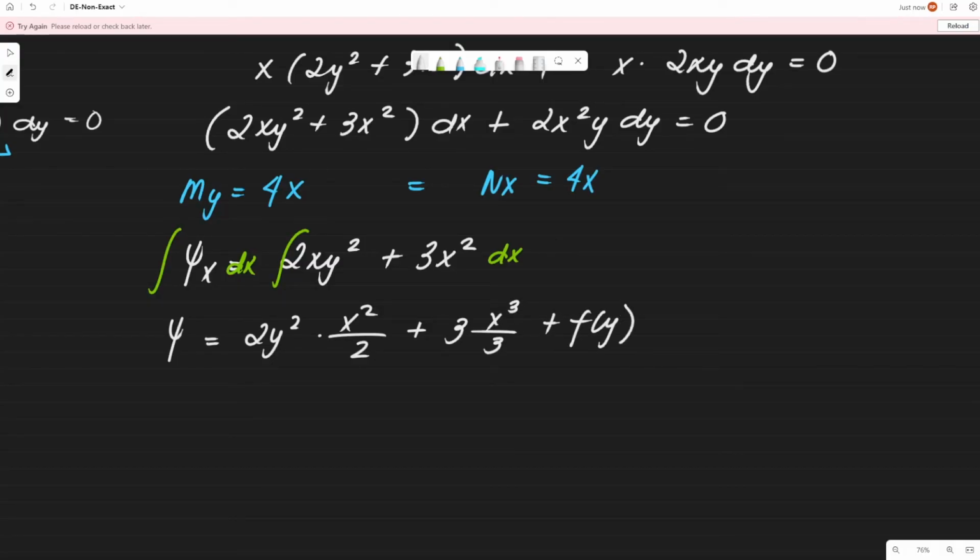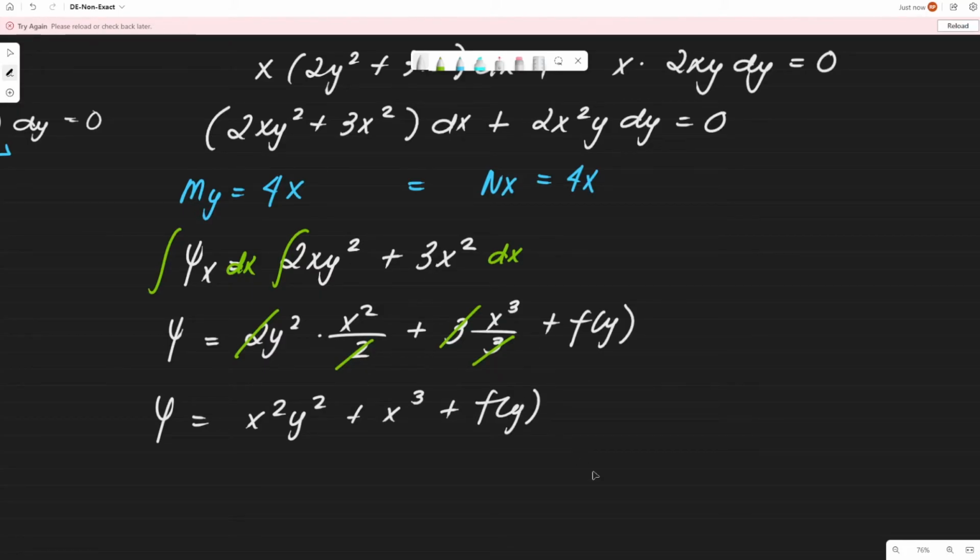The 2 cancels, and the 3 cancels too. Therefore, our psi is equal to x squared y squared plus x cubed plus f of y.